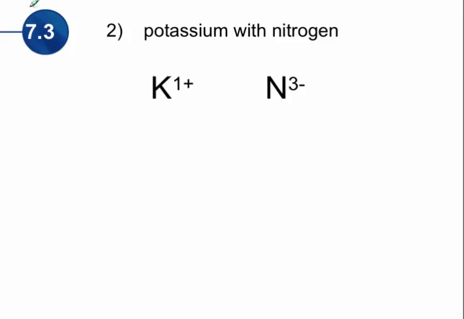We don't have enough pluses here. We only have 1, and we need 3 pluses to balance that out. So just think about going to your periodic table and grabbing another potassium. Now we have 2 plus and 3 minus. Still not enough, so grab another potassium. Now have a look at our numbers. The potassium charges are 3 plus. The nitrogen charges are 3 minus.